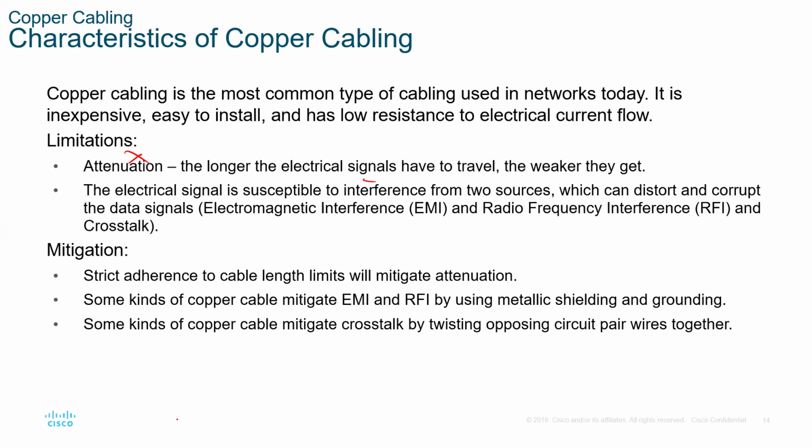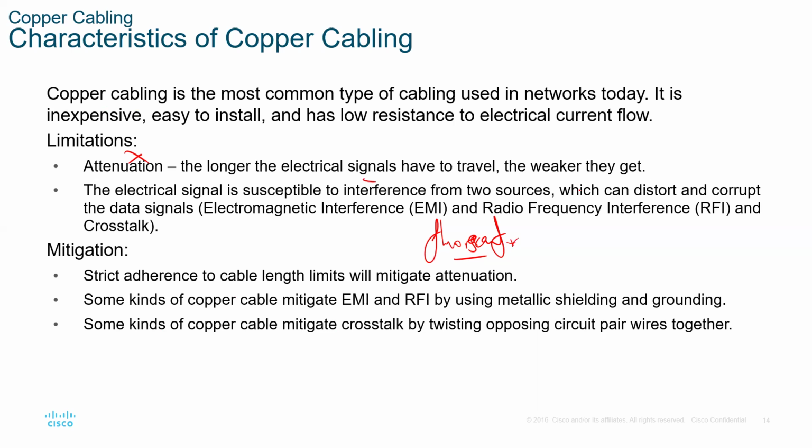So, for example, fluorescent lights affect communication. If you are using copper cabling, the electromagnetic waves from the fluorescent light interact with the signal travelling in the copper you are using.